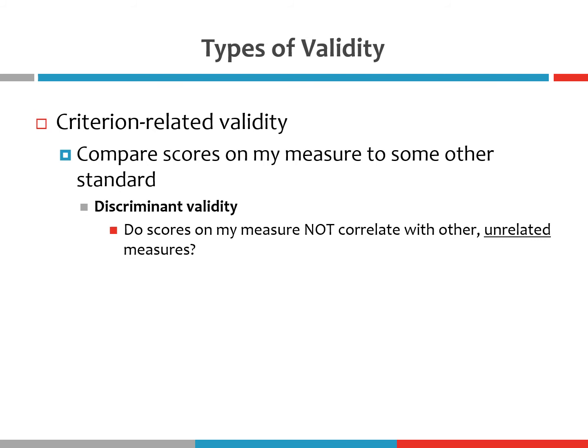Okay, so we want to make sure that scores on our new questionnaire don't correlate with other unrelated measures. Okay, so let's look at some examples. In particular, we are expecting a zero correlation here. And why is that?